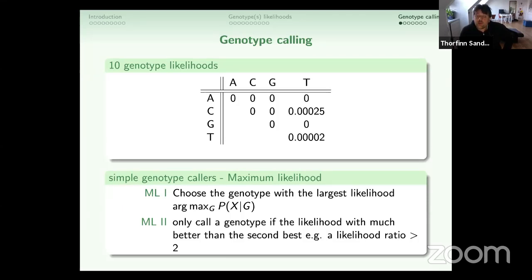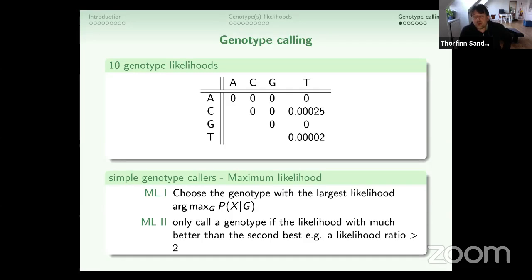But in practice, you might be in the situation where there are two genotype likelihoods which are almost the same. So if you were to use this simple genotype caller, you would say that the ratio between the two highest ones needs to be above a certain threshold. Otherwise, you wouldn't be able to call the genotype.